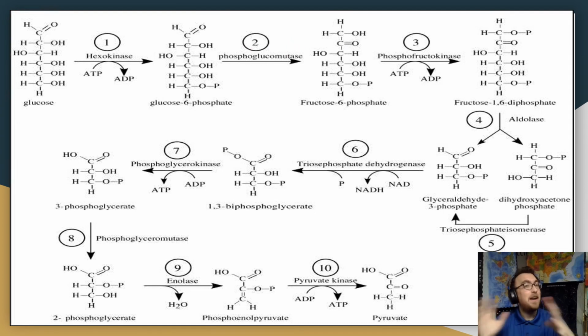So we went through a lot of information so far. Let's just quickly look back at glycolysis so we can get a feel for that before we finish up with our last few bits of information.